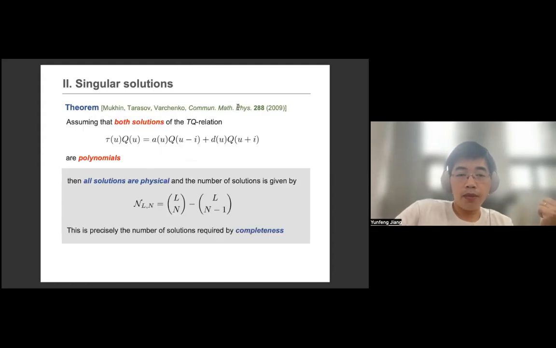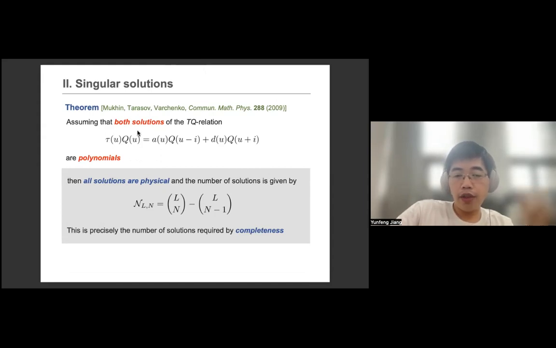Okay, so if we assume that both solutions of the TQ relation are polynomials, namely now we just focus on the case where both P(u) and Q(u) are polynomials, then there's this very nice paper by Mukhin, Tarasov, and Varchenko in 2009.